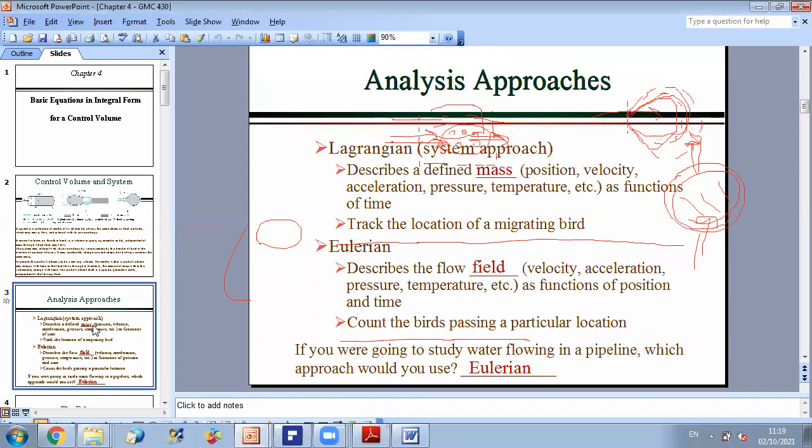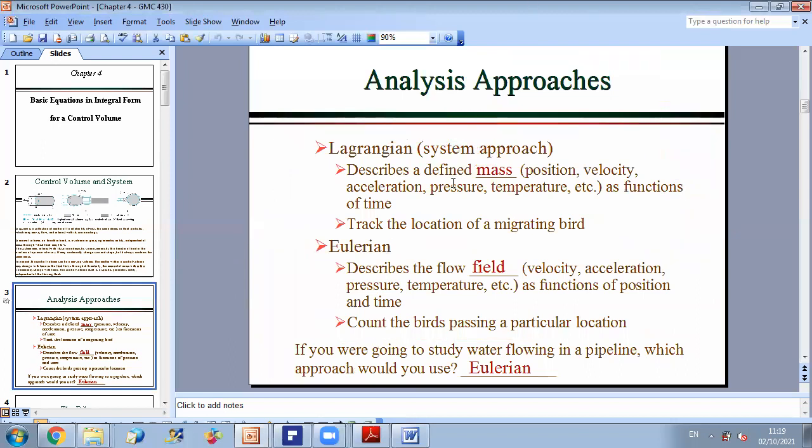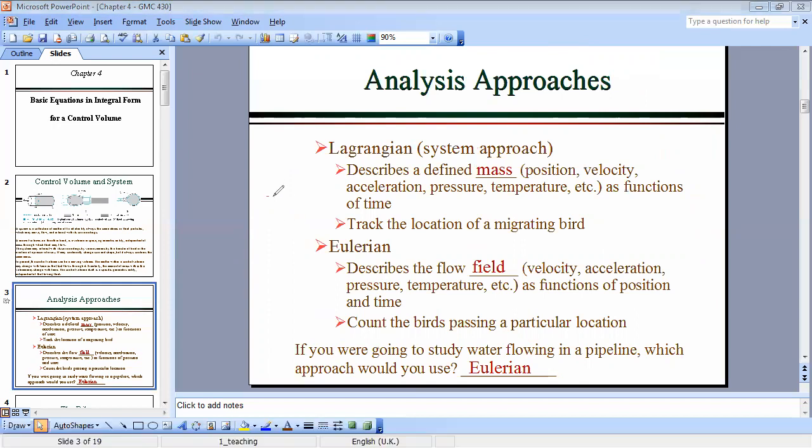Now, what are the different analysis approaches that are used in this case? We can use the Lagrangian approach or the Eulerian approach, and we have already seen the difference between these two. I will give you an example again.